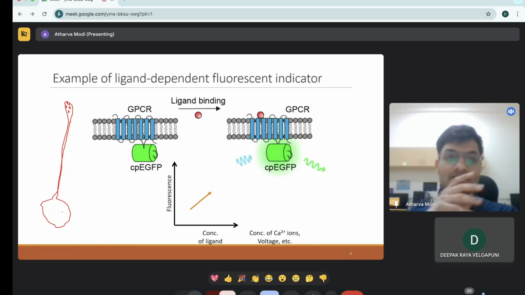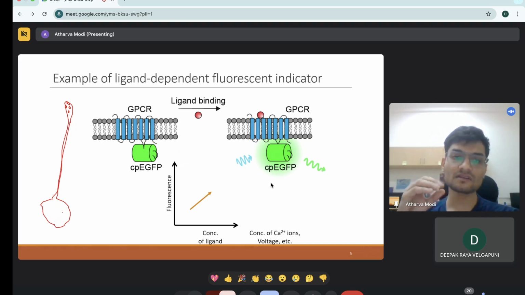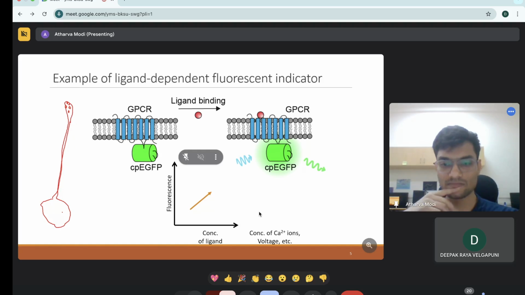So the important thing is that we should have this kind of fluorescent indicator inside the brain, in the regions where we expect the analytes, whatever we want to measure, to change. Can you explain what this blue waveform is? Is this a light from external sources?